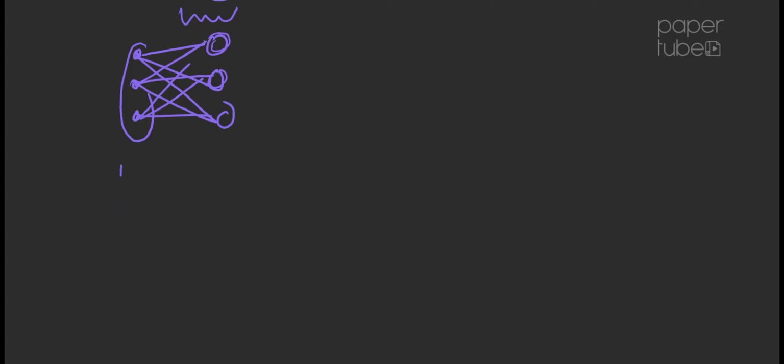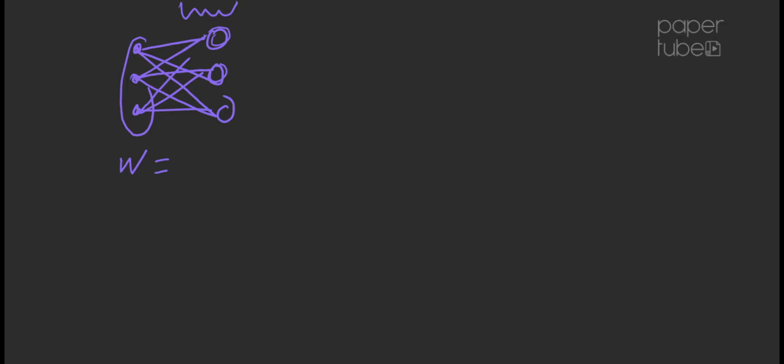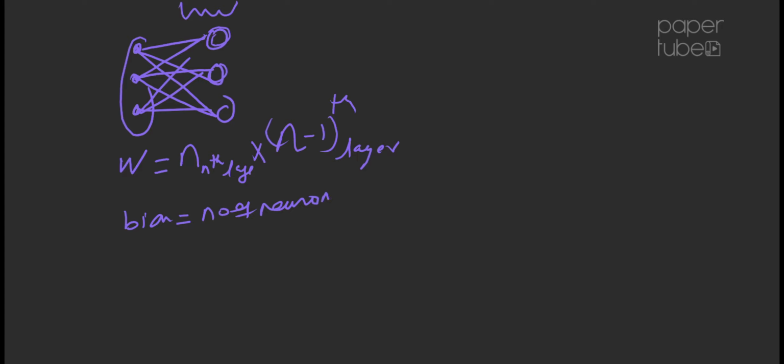Which means the total weights will be equal to the number of nodes in the nth layer multiplied by the number of nodes in the (n-1)th layer, and the number of biases will be equal to the number of neurons in each layer. So that's how it works.